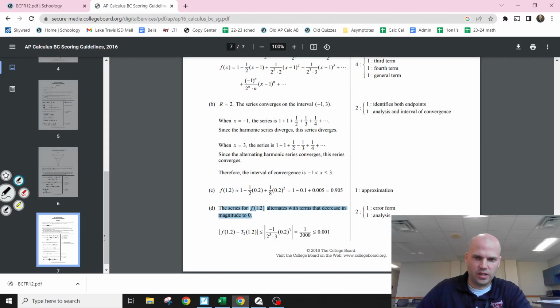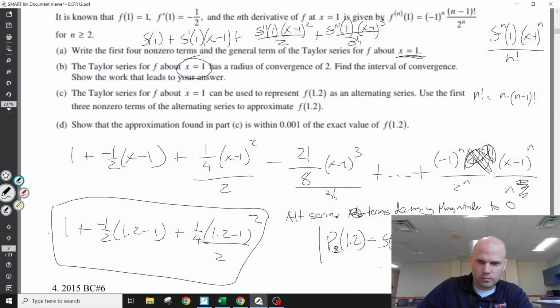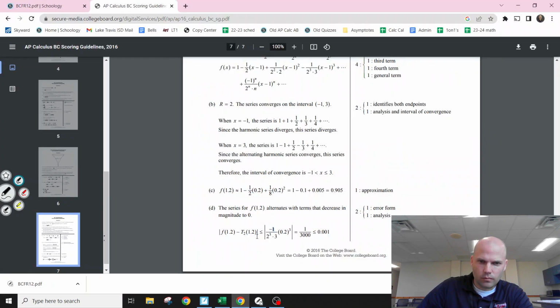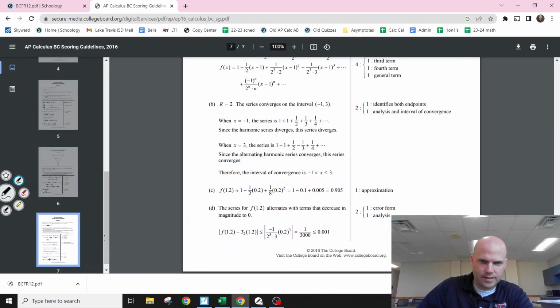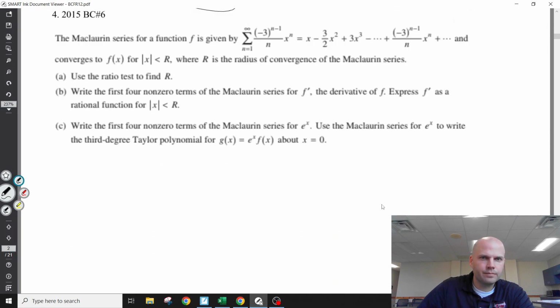And then we use the alternating series error bound. You get 1 point for this error form. The 2 factorial cancels with the 2 factorial here, leaving a 3 and the 8, which is 2 cubed. Boom. And you got 0.2 cubed.